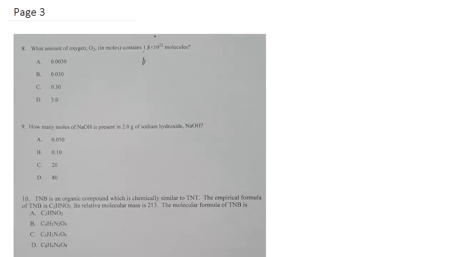So we have the number of oxygen molecules and we're told it's 1.8 times 10 to the 22. Because we want to find mole, we can use the number divided by Avogadro's constant.